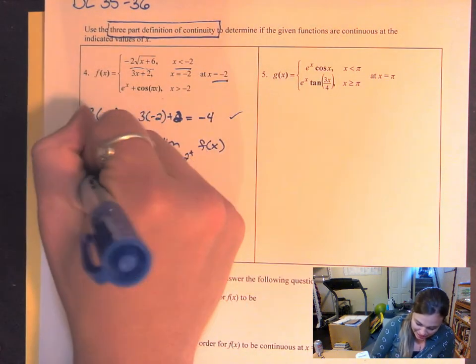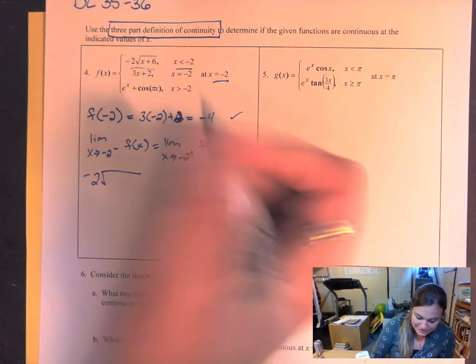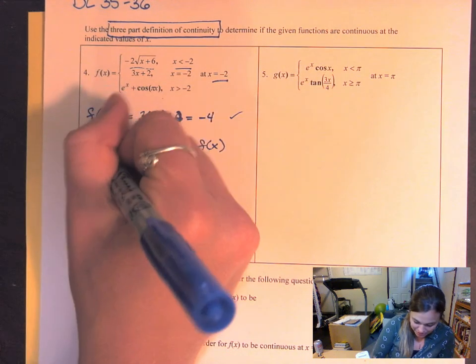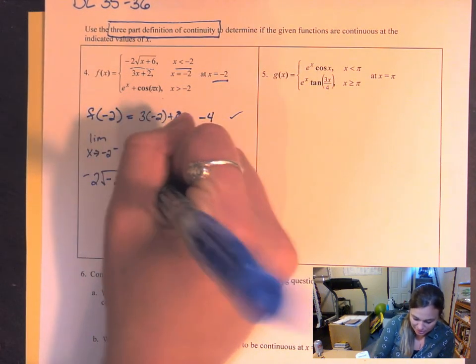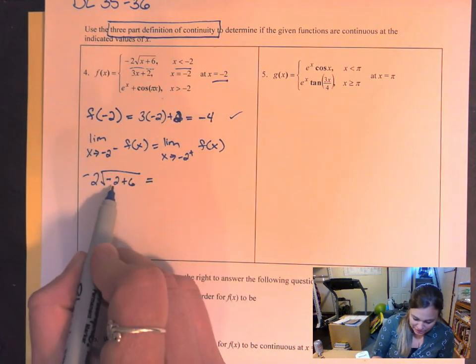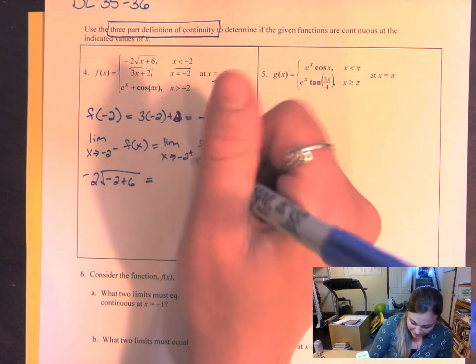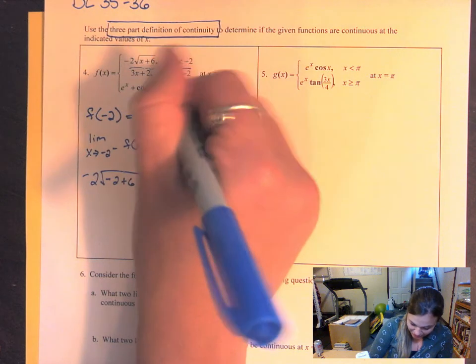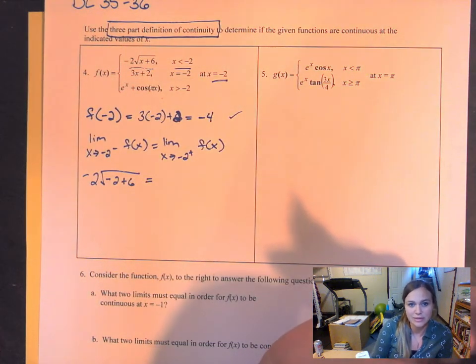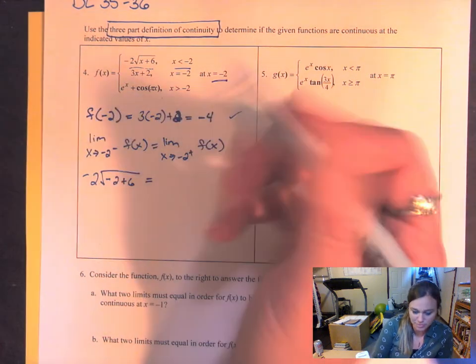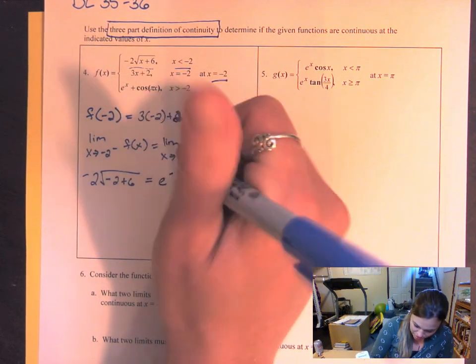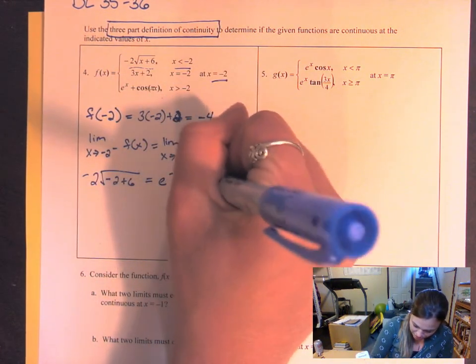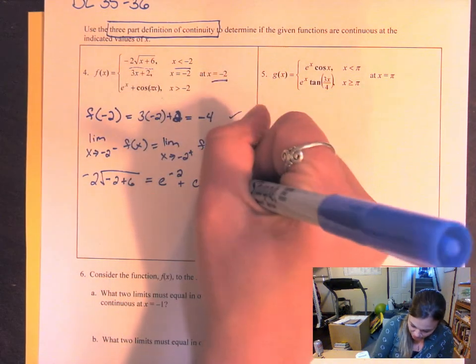So I'm going to say -2 times the square root of, and instead of x plus 6, I'm going to substitute in -2. It's always the first thing we do when we're trying to find limits. And I'm substituting -2 plus 6. On the right-hand side, I'm using when x is greater than -2, because that would be like -1.9 or something, anything greater than -2. And I'm going to say e to the -2nd power plus cosine of pi times -2, or -2 pi.